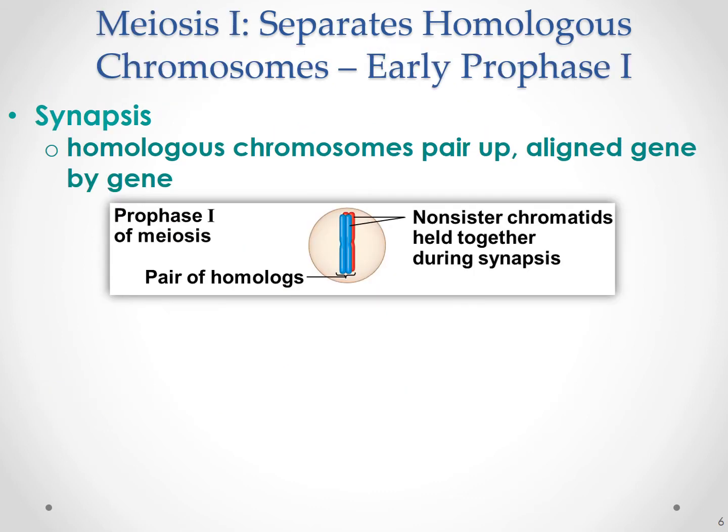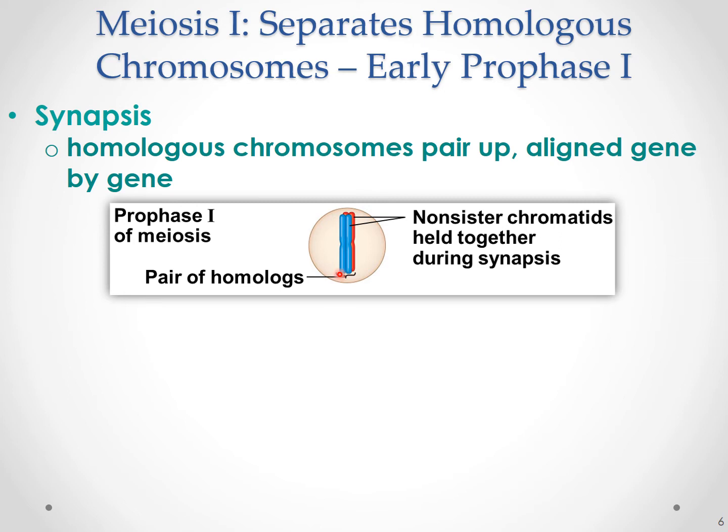Okay. Now, during meiosis 1, there are a number of things that occur, and most of this stuff occurs during the first phase, prophase 1. So synapsis is going to occur. Synapsis is when the homologous chromosomes line up and pair up, creating what's called a tetrad.